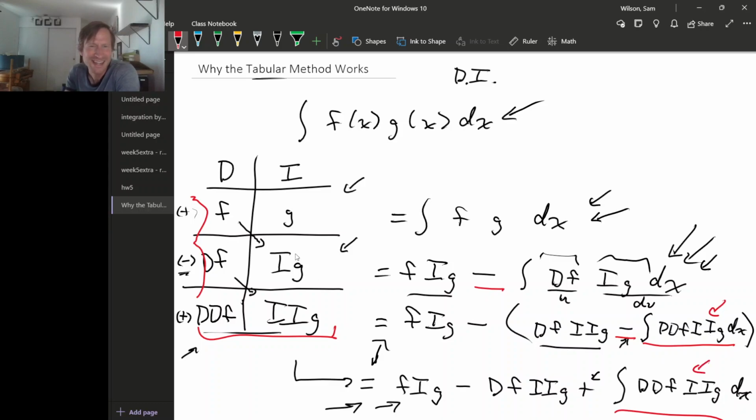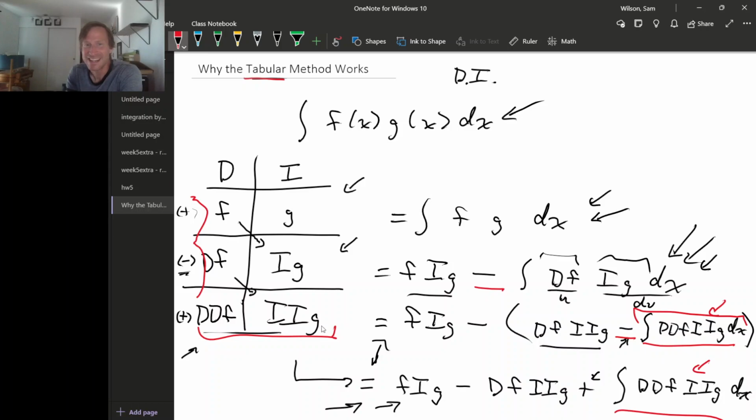So you can see that if we did one more row, integration by parts would expand this piece, but that would give you the same as what you get from the next row in the table with derivative of f, integral of g, and a minus sign. So you'd get the exact same thing if you did integration by parts one more time here. So this is really why the tabular method works.